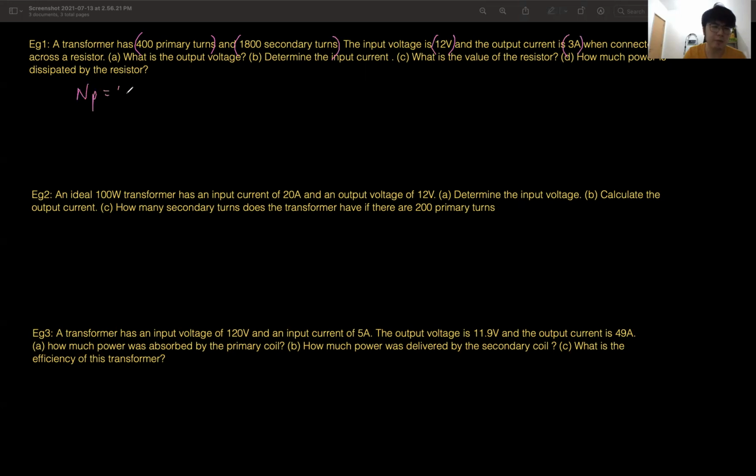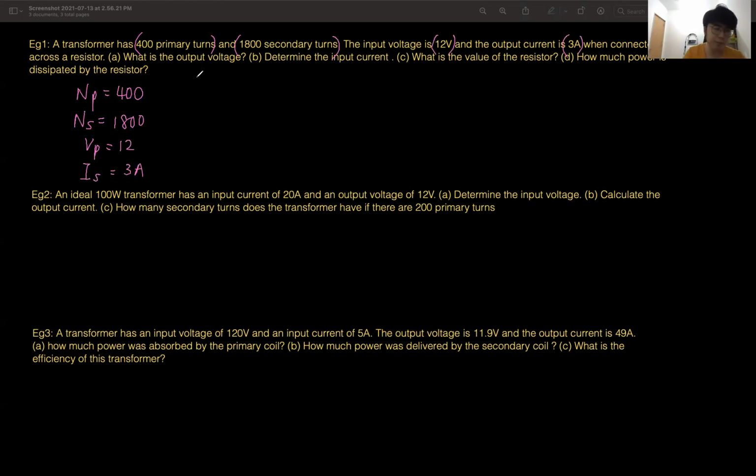NP is 400 and NS is 1,800. The input voltage VP is 12 and the output current IS is 3 ampere. What is the output voltage?